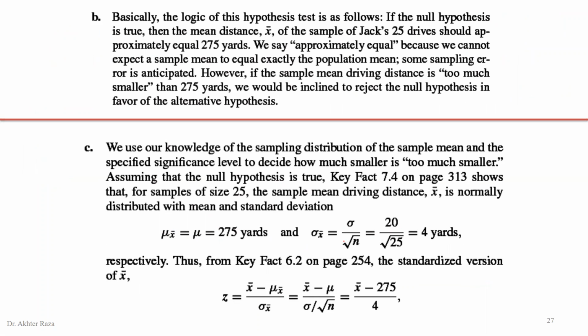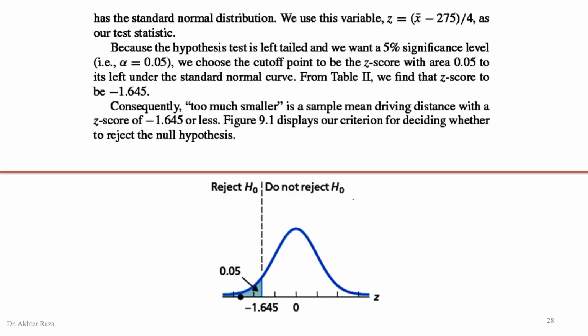As earlier I told you, a sample size of 30 is a large sample size, but sometimes statisticians use a lighter criterion, and that criterion is a size of 25. So here we have a size of 25. We can apply this test here.